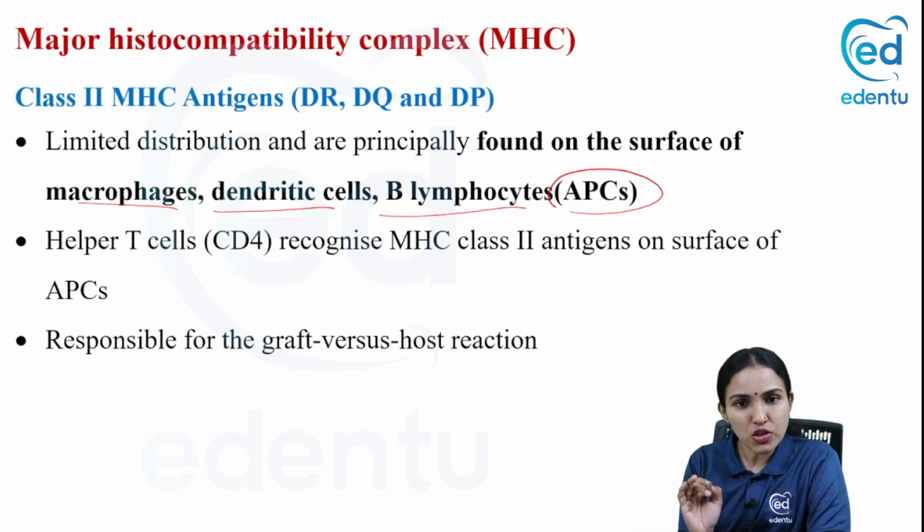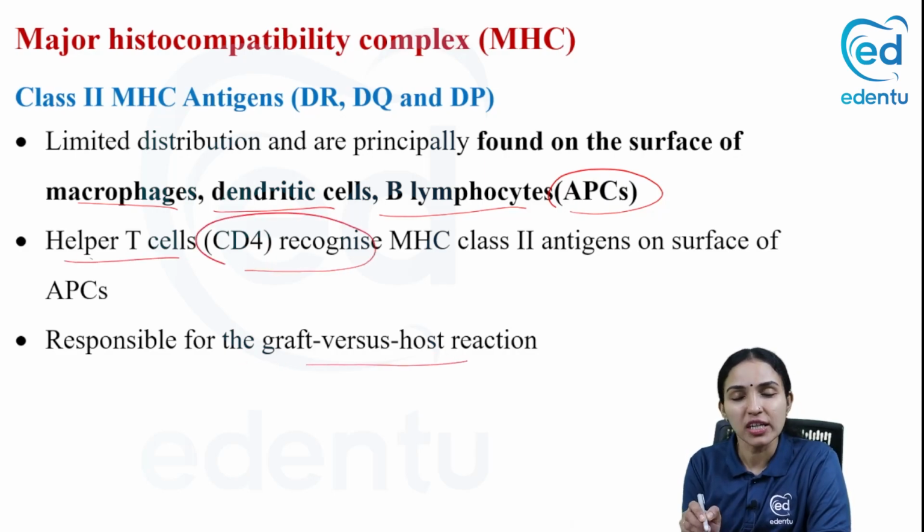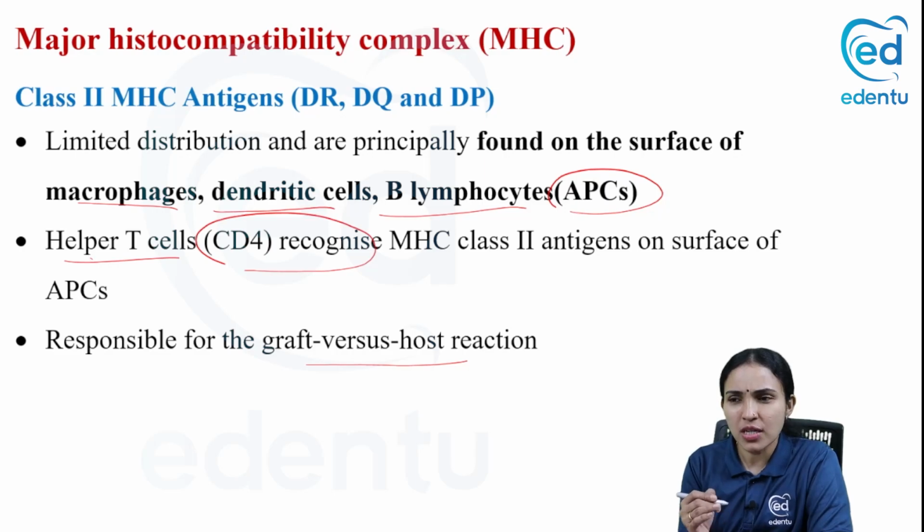So class 2 MHC is recognized by your CD4 T cell or helper T cell. So they are responsible for the graft versus host reaction, which is another kind of reaction taking place in transplant tissue. More than that, class 2 is very important for helper T cells to recognize an antigen.